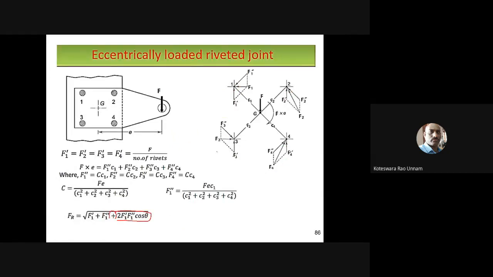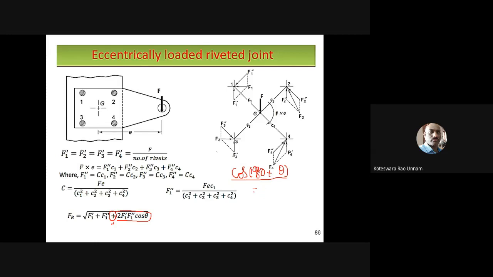This plus symbol will be replaced by minus now, because cos theta is in the second quadrant. I can write cos theta or cos of 90 plus theta. If theta lies in the second quadrant, I can write it like this, which is nothing but 180 minus theta.